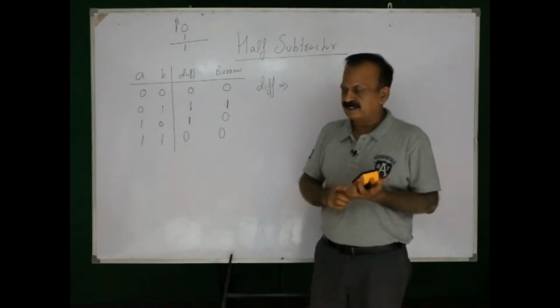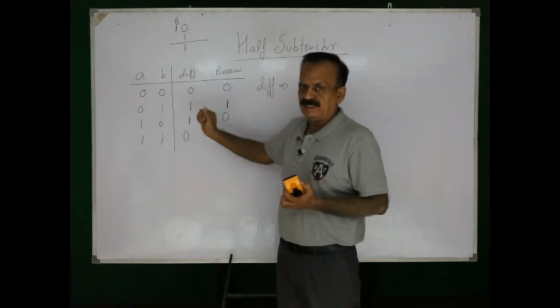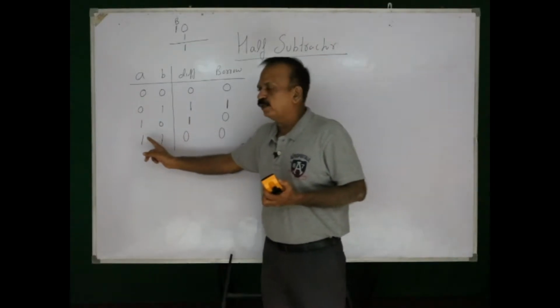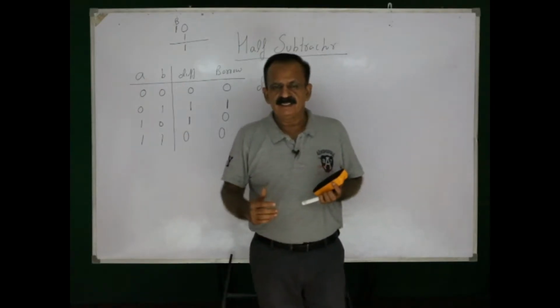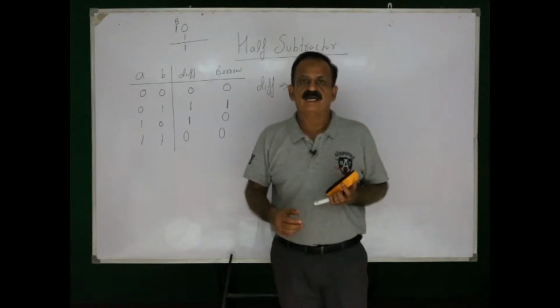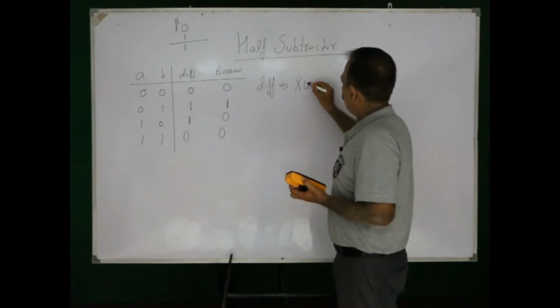Again, the process is simple. One input is high, that is why difference is 1. One input is high, that is why difference is 1. But when 2 inputs are high, the output is 0. That means the value of difference is high when the number of high inputs is odd, and this represents nothing but an XOR gate.